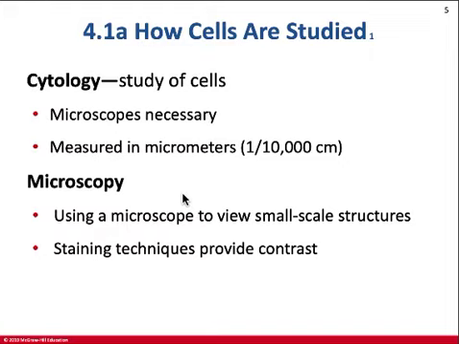The cells are the smallest unit of living matter because they can do everything we associate with life, right? They grow, they can reproduce, they can respond to stimuli, they can metabolize, they have barriers, they have the ability to excrete waste, and they have the ability to change over time.